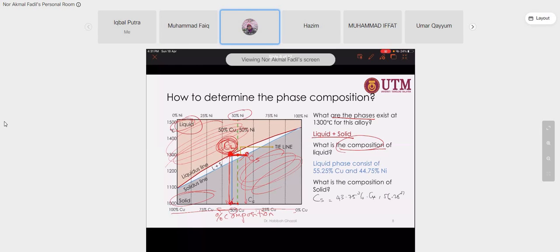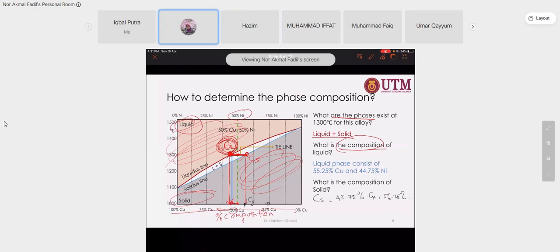So you just read from here. This axis is about 33. About that range. Right, so it is very simple.